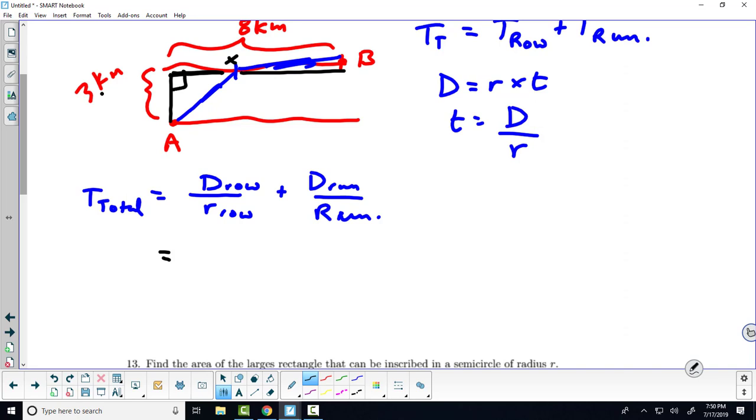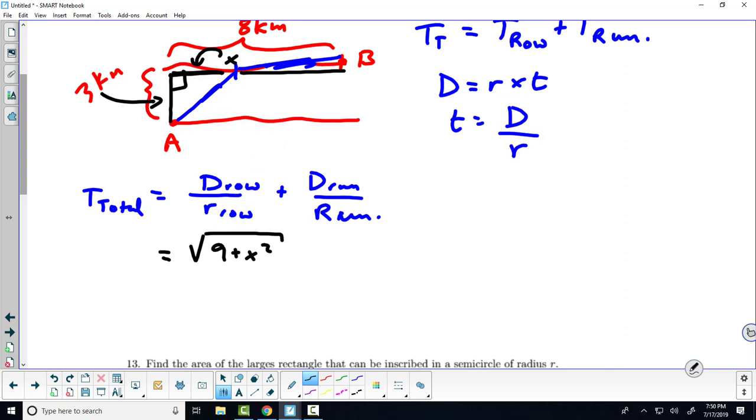And this side of the right triangle is 3, and this side is x. The distance that you row is the hypotenuse of that right triangle. So the distance that you row is the square root of 3 squared plus x squared. Everyone okay with that?